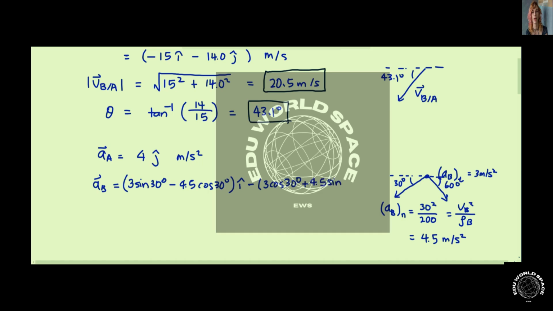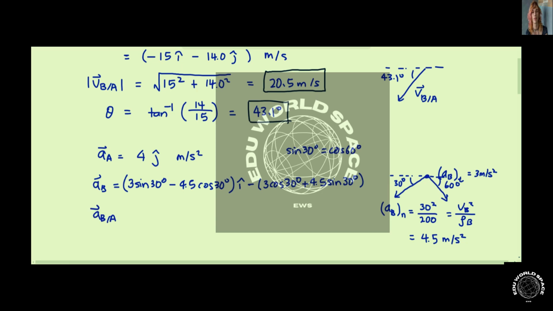Just note that sine 30 degrees is equal to cosine 60 degrees, and so on. So we can calculate the acceleration of B relative to A in vector form.